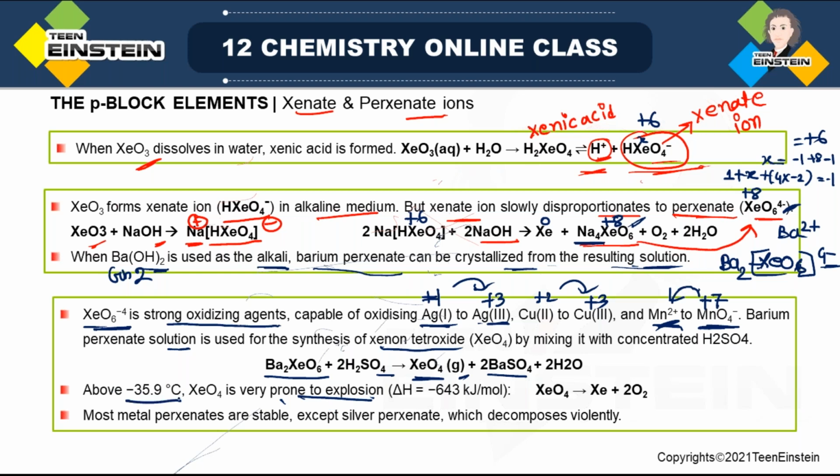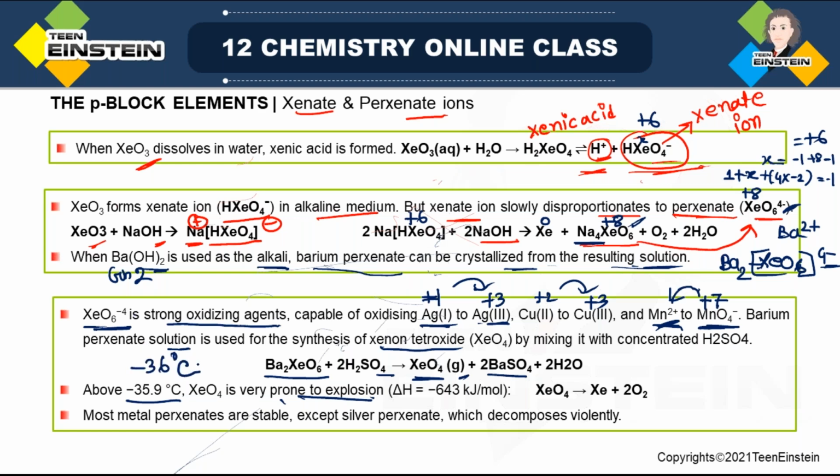It is not at all stable. From the temperature you can get the idea how unstable it is. You can keep it stable only if the temperature is below -35.9, that is almost -36.